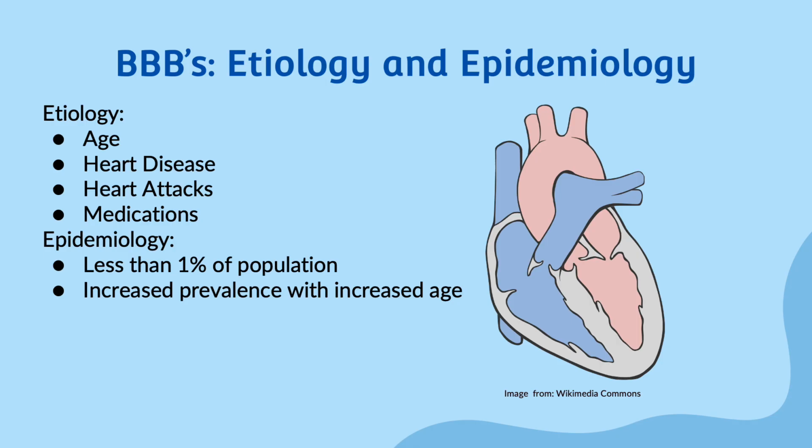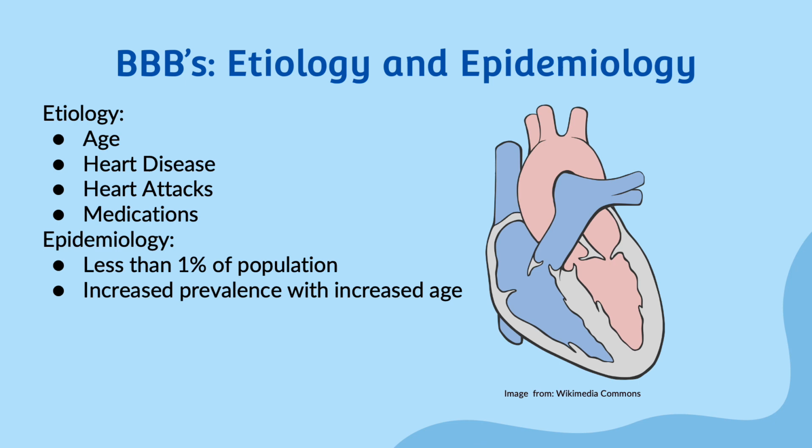Now, let's discuss the etiology of bundle branch blocks. The cause of these blocks can be due to various factors such as age, heart disease, heart attacks, heart valve disease, and certain medications. Left bundle branch block is more commonly seen in older individuals and those with heart disease, while right bundle branch block is more commonly seen in younger individuals with normal hearts. However, it is important to note that bundle branch blocks can occur in anyone, regardless of age or health status.